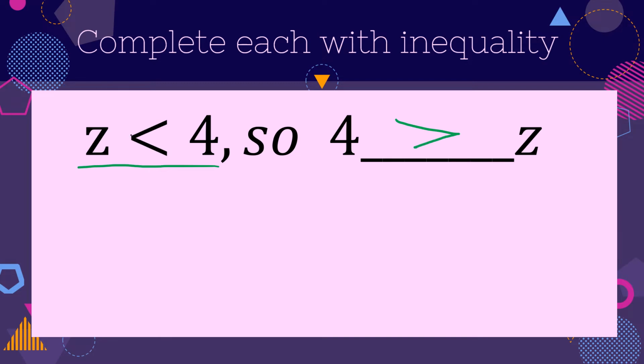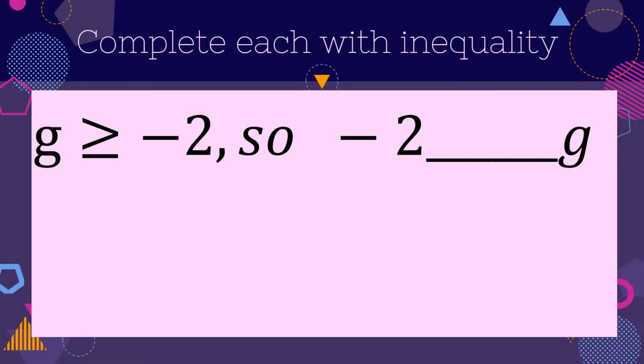One way to remember this is if I'm pointing to the z, then I need to stay pointing to the z. Let's try that again. If I'm pointing to the -2, then I want to stay pointing to the -2. We want to be comfortable with flip-flopping our inequalities.